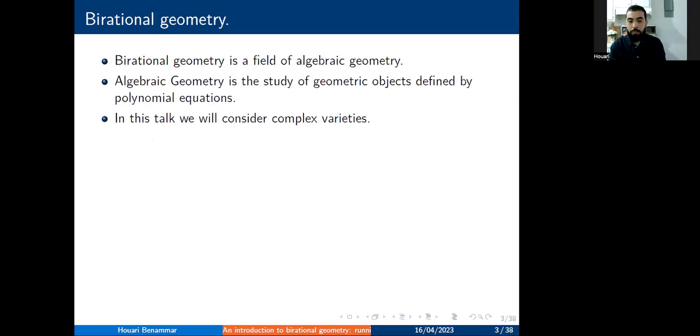Okay, so birational geometry is a field of algebraic geometry. So this field is independent of the Grothendieck school. So this field is independent of EGA, SGA. So we can do birational geometry assuming we don't know Grothendieck abstract algebraic geometry.